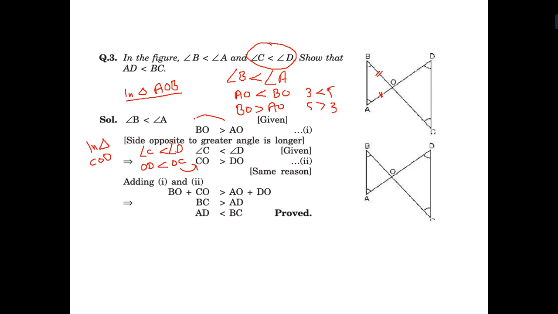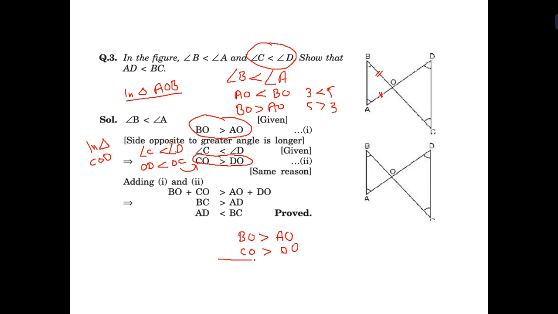So two things: BO is greater than AO and CO is greater than DO.